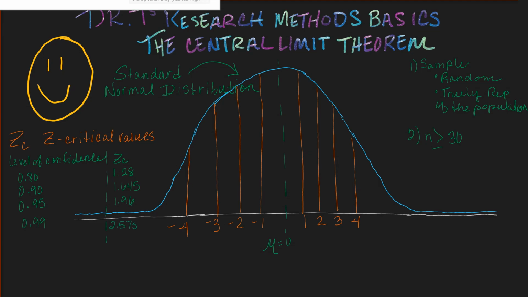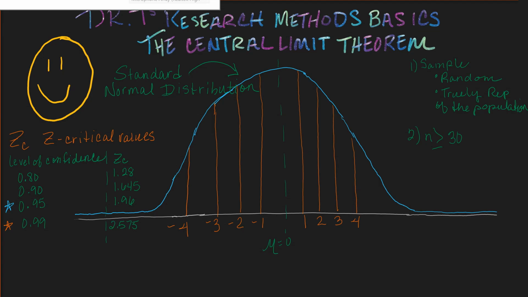In most social science, particularly social science that gets published in peer-reviewed journals, we're really most interested in this 0.99 level of confidence. And we tend to consider the 0.95 level of confidence as nearing a significant value.